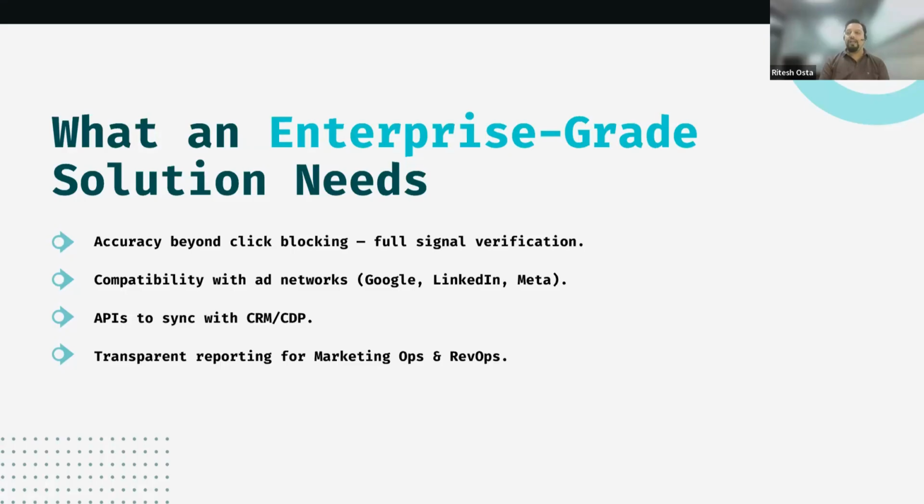So the idea is to prevent fake data from coming in, but still there will be some fake data which will come in. Work on that fake data. Use the compatibility with the ad network. Use the APIs from CRM, CDP, verify it, enrich it. Do a double layer of verification, and then create a reporting around that for your marketing ops and RevOps team, so that they can manually also identify and detect.